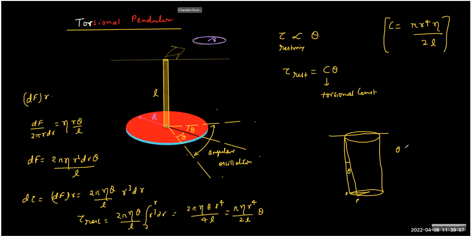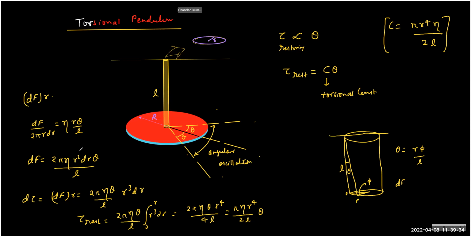The shear strain is the displacement, which is R phi, where phi is the twist angle, upon L. Then the force is defined as, okay, everything I've written. You have to think of a hollow cylinder, then derive the formula: force upon area, which is 2 pi r dr, equals eta into shear strain.